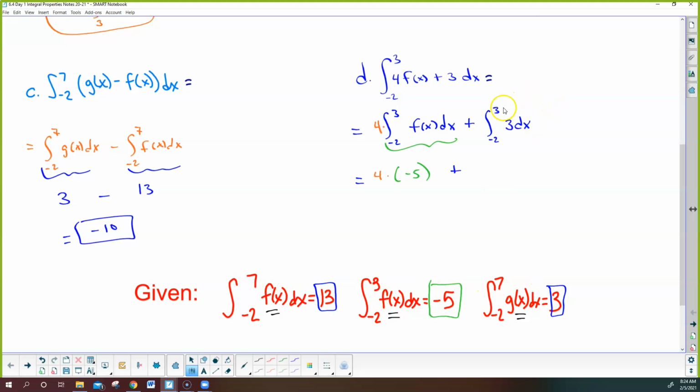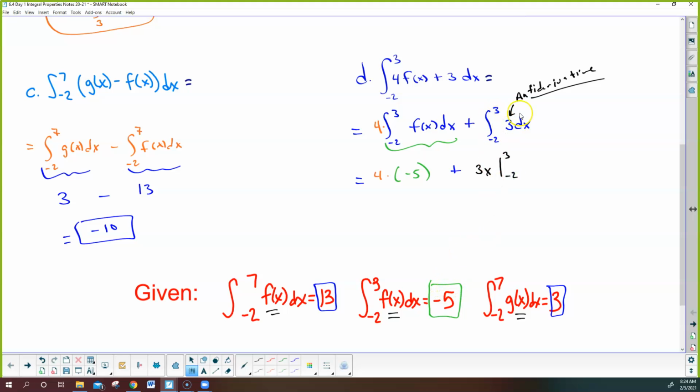So now we have to evaluate the same way we did using the fundamental theorem of calculus. I have to think to myself, okay, whose derivative gives me 3? That's 3x. And then I have to evaluate it from an upper bound and a lower bound.